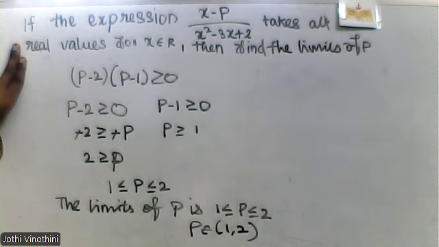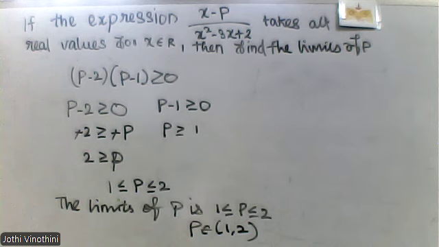So del must be greater than or equal to 0. So b squared minus 4ac must also be greater than or equal to 0. And we found another expression, that is y squared plus 6 minus 4p y plus 1 must be greater than or equal to 0.